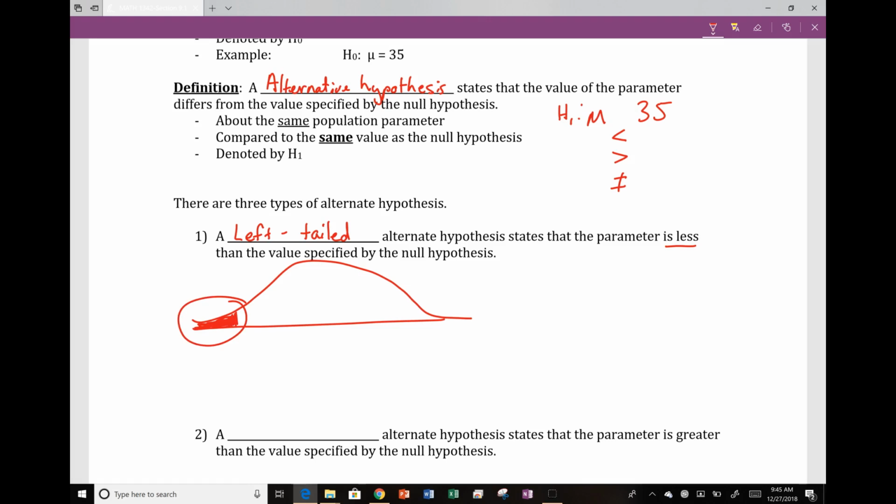We're not coloring in all of this over here. So in this particular case, our alternative hypothesis, going by our example, would be less than 35. Notice the direction that this arrow was pointing. That is the side that I'm going to shade as well. Less than, we're going less than over here.